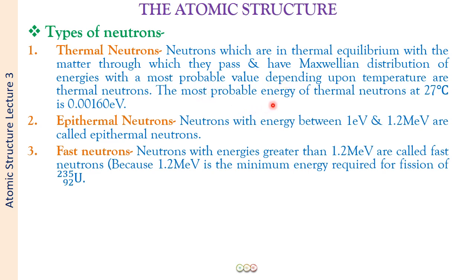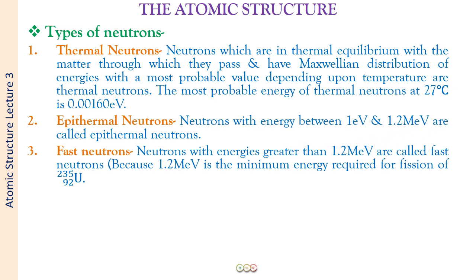The most probable energy of the thermal neutrons at 27 degrees Celsius is 0.0160 electron volt. And then we have epithermal neutrons. The energy increases. It is between 1 electron volt to 1.2 mega electron volt.